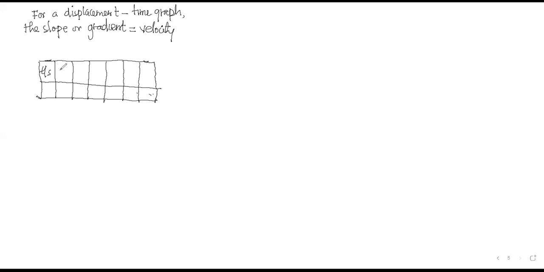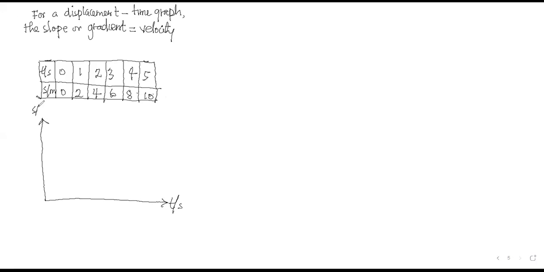Okay. So time: 0, 1, 2, 3, 4, 5. Then displacement: 0, 2, 4, 6, 8, 10. And when you plot such a graph, the horizontal axis is always the independent variable, time.